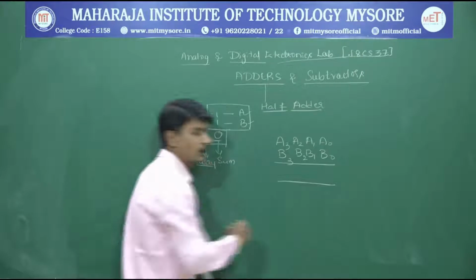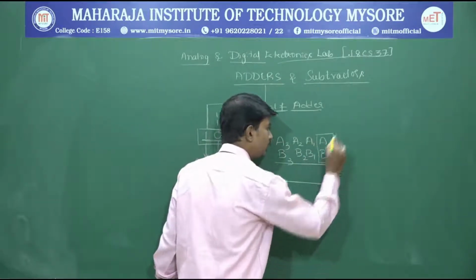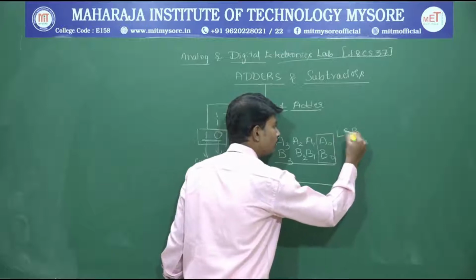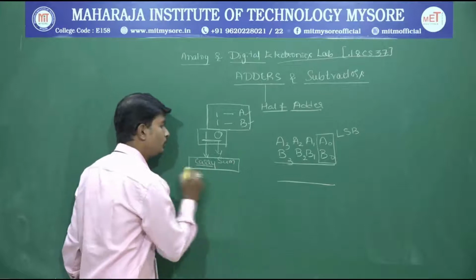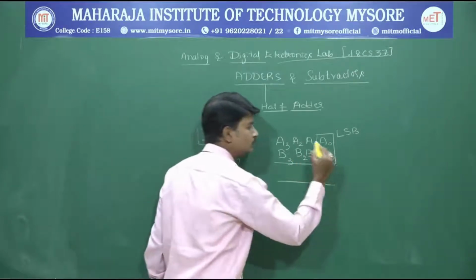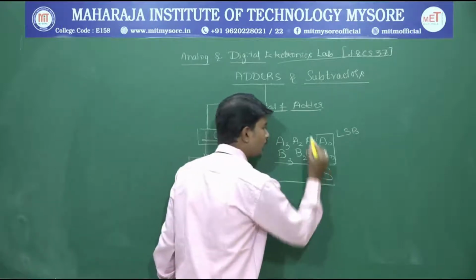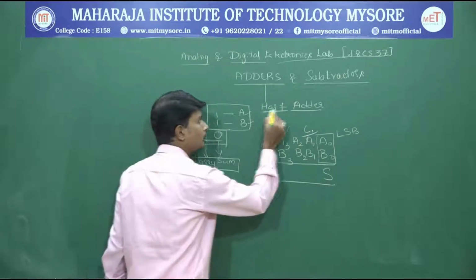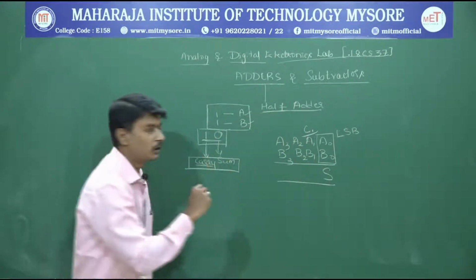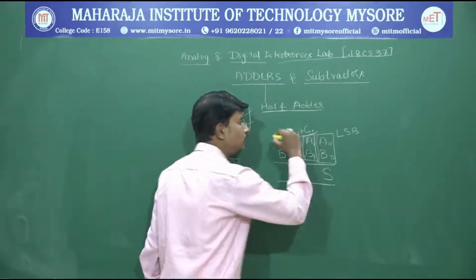When I add the LSB bits, A0 and B0, I end up with two outputs, a sum and also a carry. If I adopt a half adder circuit, it will add only these two numbers, ignoring a carry bit.